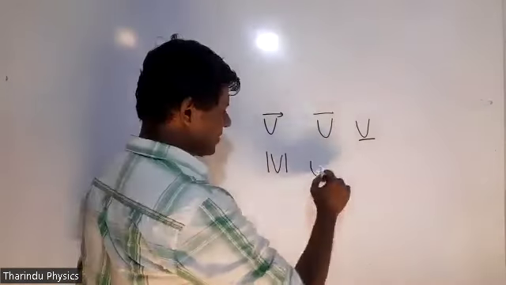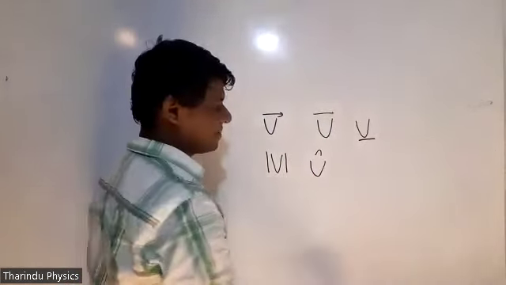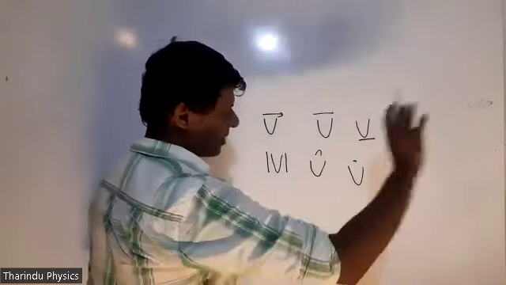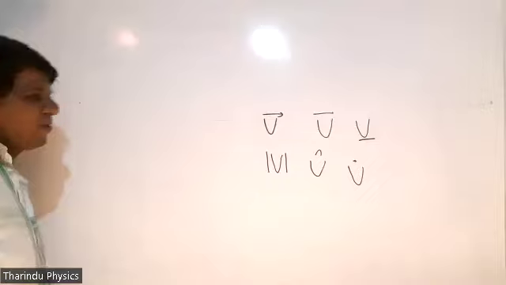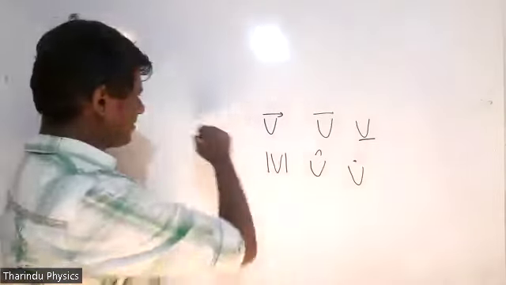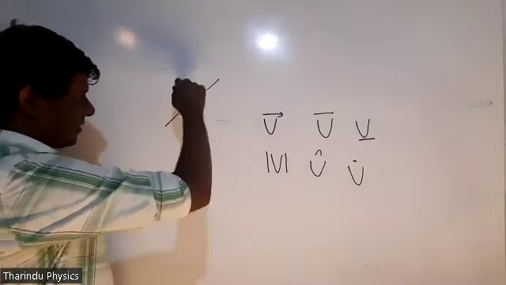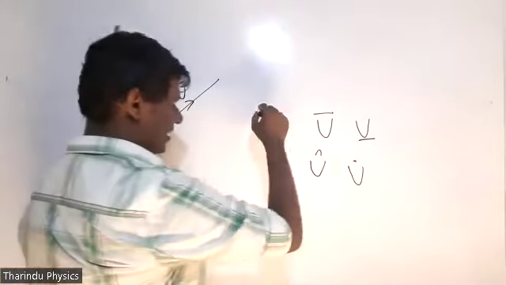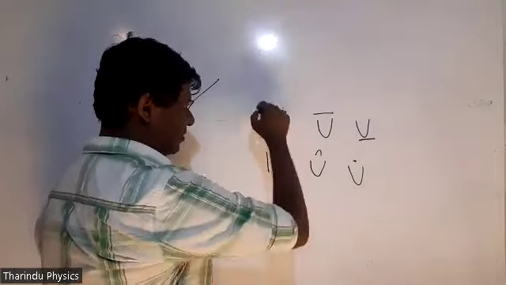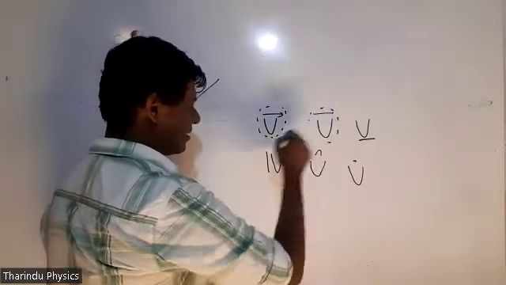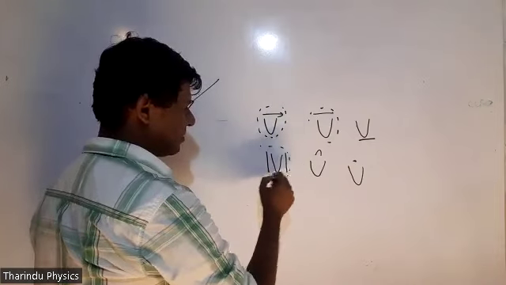Sometimes we use this type of notation, and sometimes dot, and many ways. My favorite way is the graphical representation with the magnitude and direction, and this one I normally use, and I very rarely use this one and this one too.